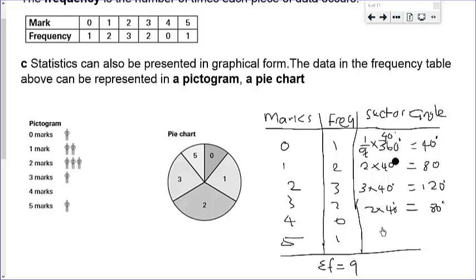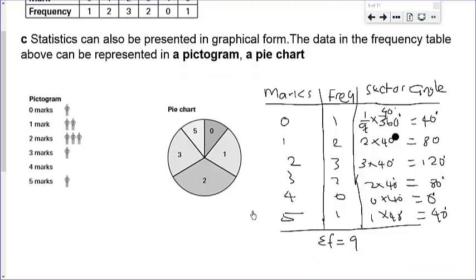Then this one will correspond to 0 degrees. 0 times anything will give us 0 degrees. Then the last one will also give us 1 times 40, which will be 40 degrees.